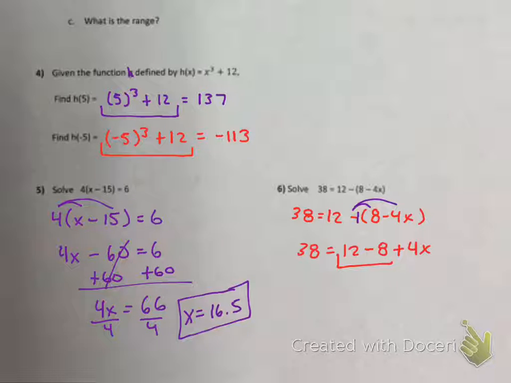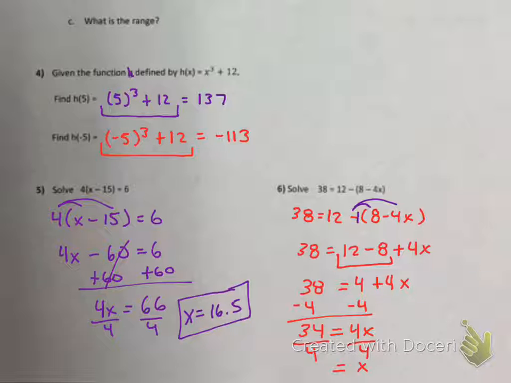We'll combine our like terms here. So +12, -8 is a +4. So we've got 4 plus 4x on the right equals 38. Next step would be to subtract 4. So we've got 34 equals 4x. We're going to divide by 4. And we're going to get x equals 8.5.